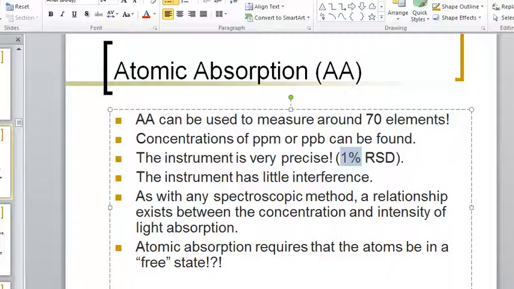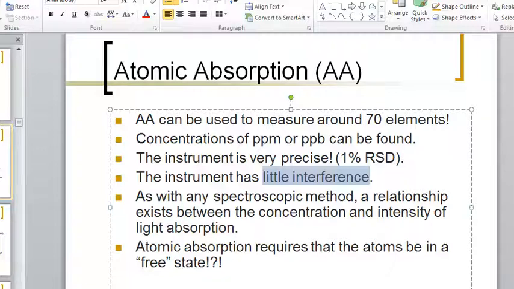Another good thing about the AA instrument is that it has little interference. That basically means that not too much can be in the sample that will throw my numbers off. A sample is given to a laboratory, and that sample could have hundreds of different components on the inside.